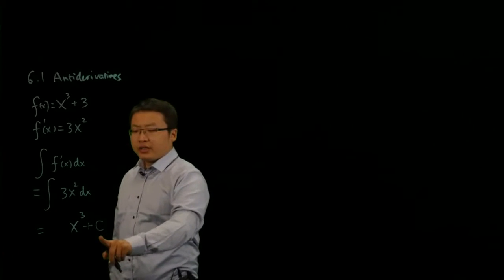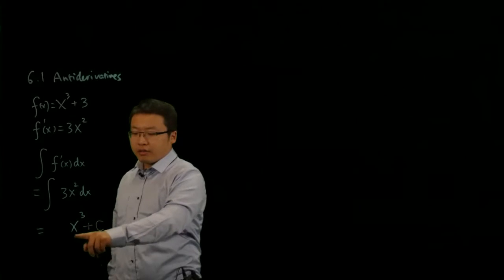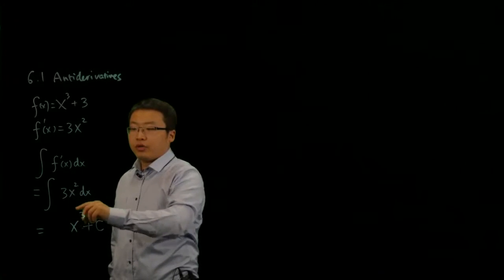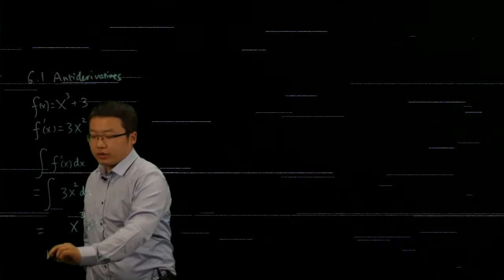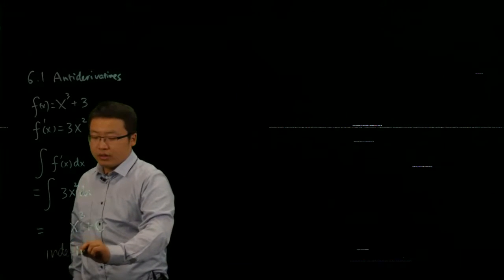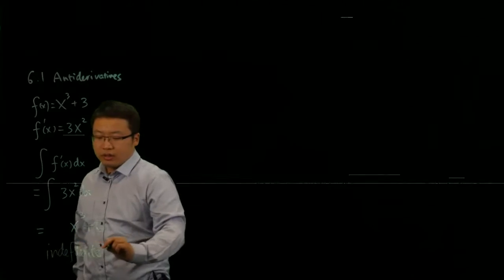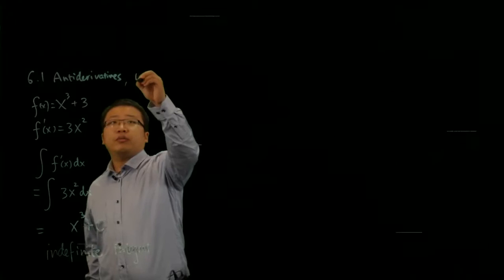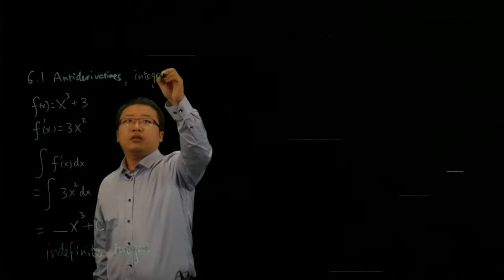So I'm putting a C, because x to the third plus 2 or 3 or 4 or whatever that number is, you're going to get that. Now this is called an indefinite integral. Another name for antiderivative is integral.